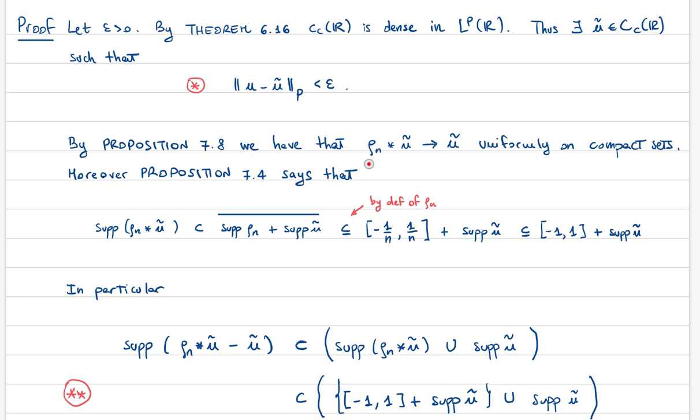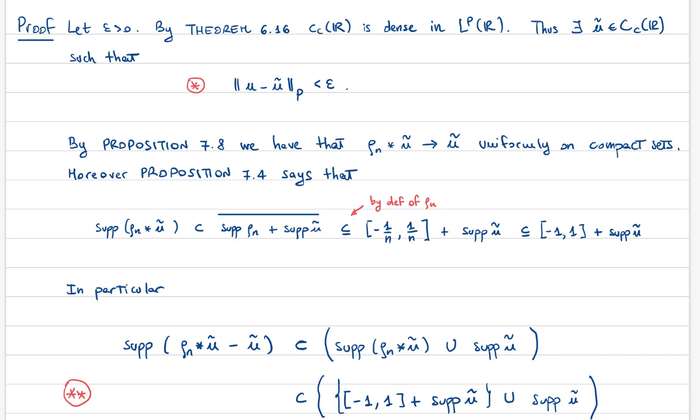And also we know, by the proposition on supports of convolutions, that the support of this convolution can be estimated, so this is contained in the closure of the sum of the support of rho n plus the support of u tilde. Now, by definition of mollifier, this support here is just the interval minus 1 over n, 1 over n.